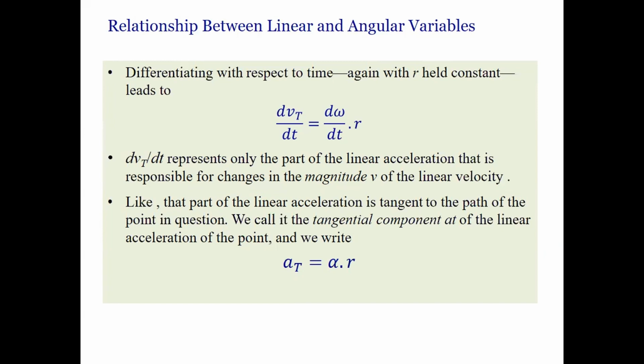Likewise, this part of the linear acceleration is tangent to the path of the point in question. So we call this the tangential component of the linear acceleration for the point, and we write a tangential equal to alpha, the angular acceleration, multiplied by r. So the angular acceleration is related to the tangential linear acceleration through this relationship.